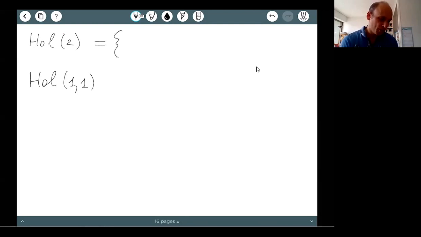So this is the locus of genus 2 curves with a marked point, such that x is a Weierstrass point.